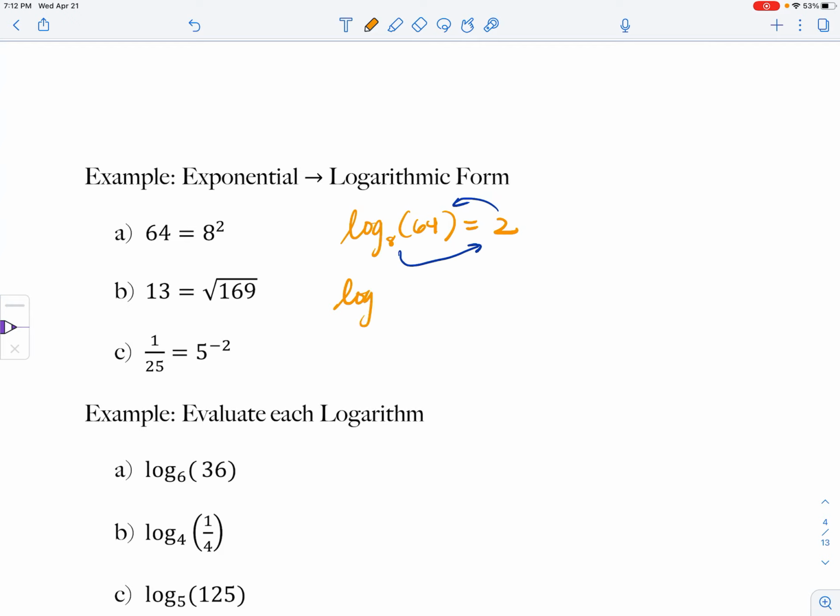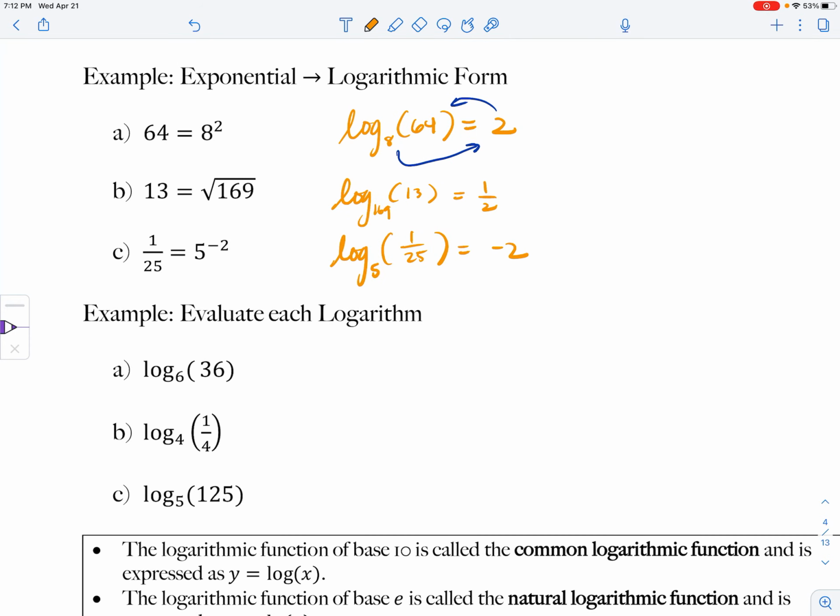So log base 169 of 13 equals 1/2, right? Because 169 to the 1/2 power equals 13. And the last statement, 1/25 equals 5 to the negative 2nd power. Well, that would be log base 5 of 1 over 25 equals negative 2.